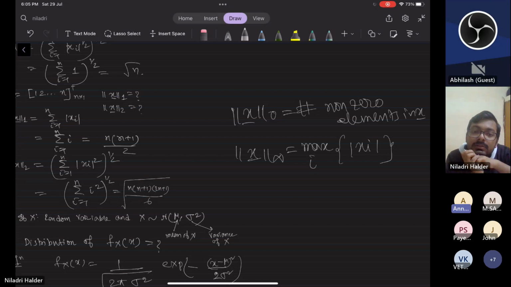L1 I can understand, and L2, but how is the infinity norm, which is a max, shaped? It will be somewhat like a square. Okay, fine. Next day I will show you the graph of the L1 norm, L2 norm, and infinity norm. Yeah, please. Okay, thank you.